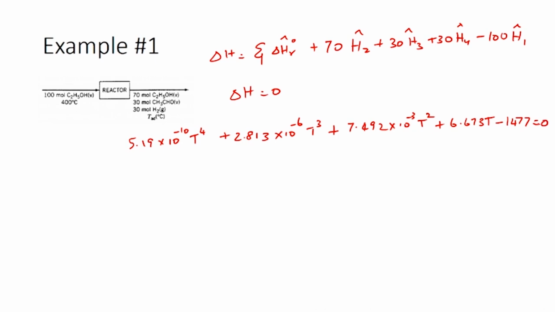You can solve this equation using Excel or some other software, or if you do not have access to that, you could try to ignore the higher powers of temperature, which is the T power 4 and T power 3, because you see that the coefficients are 10 power minus 10 and 10 power minus 6, meaning that the impact of these would be smaller.